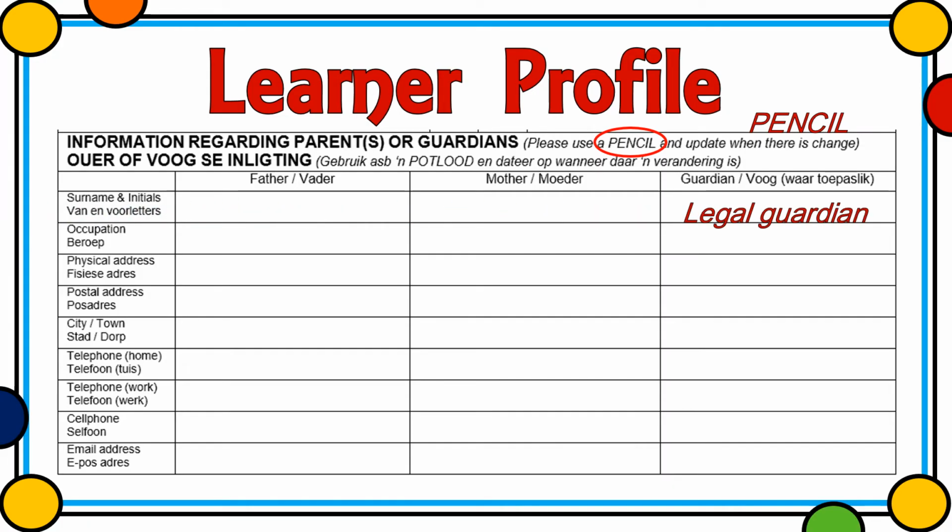Please note that the guardian information can only be completed when the guardian has been legally appointed by the court. We need the physical address, telephone number at work, home, as well as a cell phone number. I am aware that not all parents have email addresses, and therefore we can only fill that in if a parent has access to email.